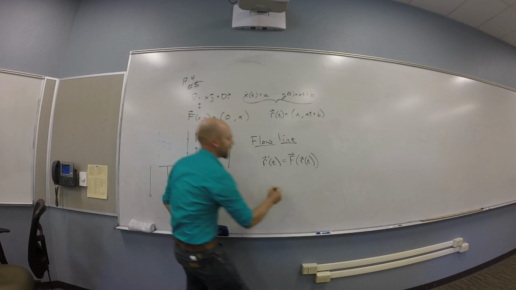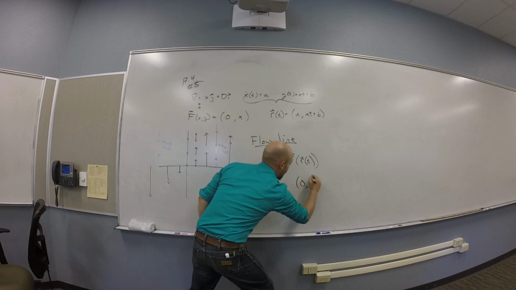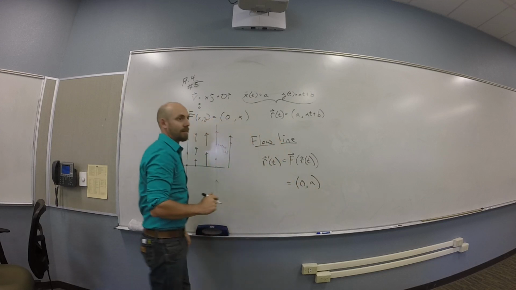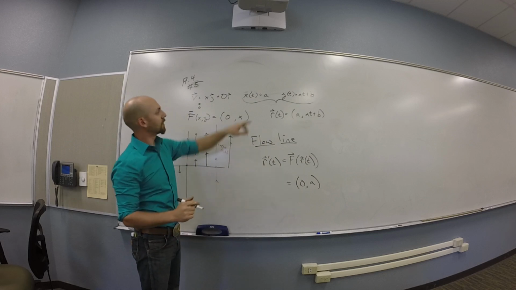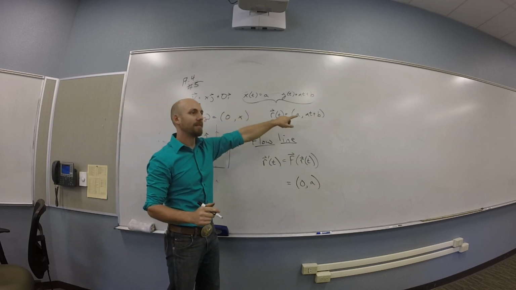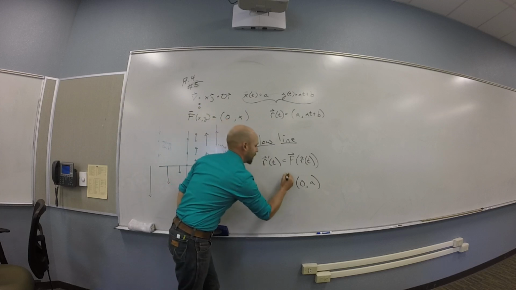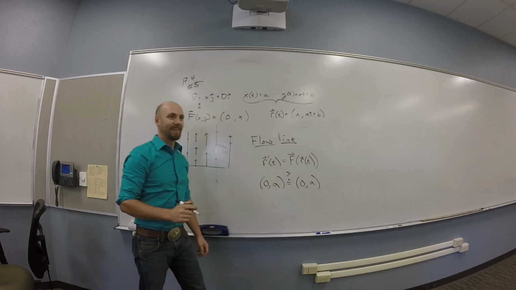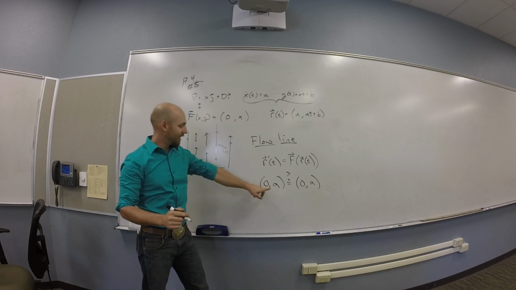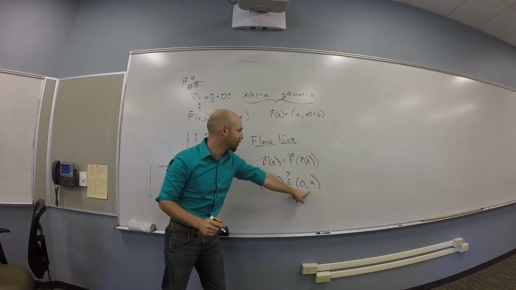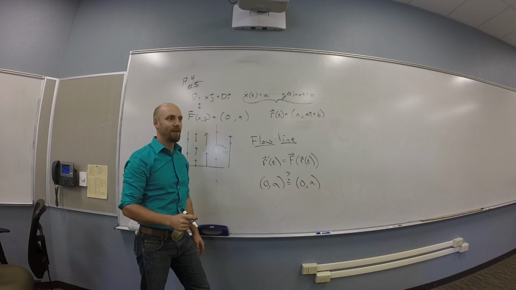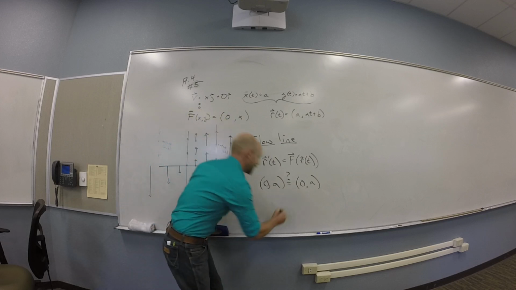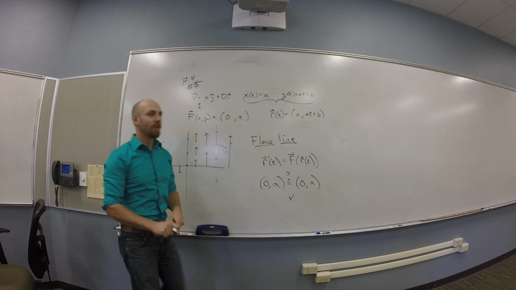So this is the vector 0, comma a, right? And what's r prime? Should be 0, comma a, right? So is r prime equal to f evaluated at r? Yep. Check. Cool, that's a flow line.